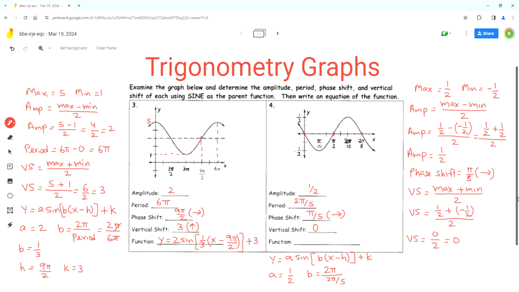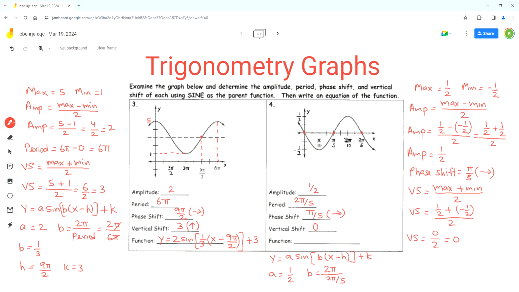Now we can simplify this expression by writing this as a division statement. So we get 2 pi divided by 2 pi over 5. And now we can change it into a multiplication statement by flipping the second fraction. So we get 2 pi times 5 over 2 pi.